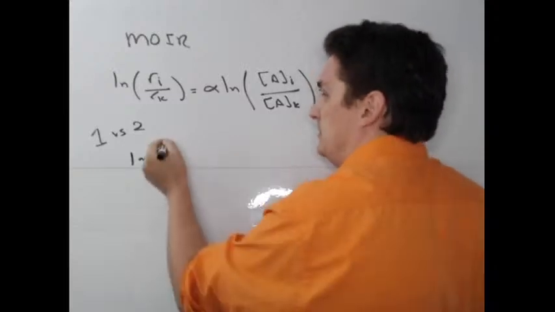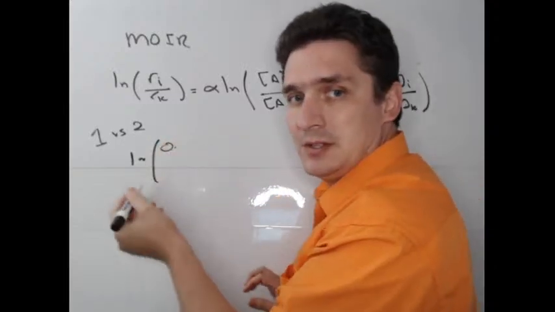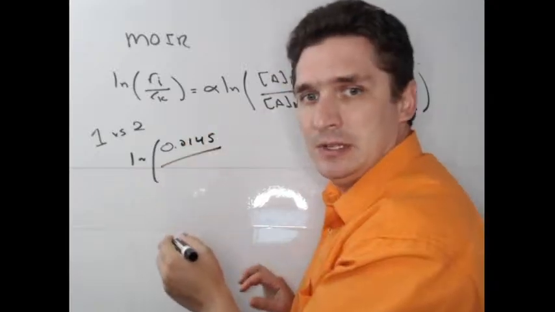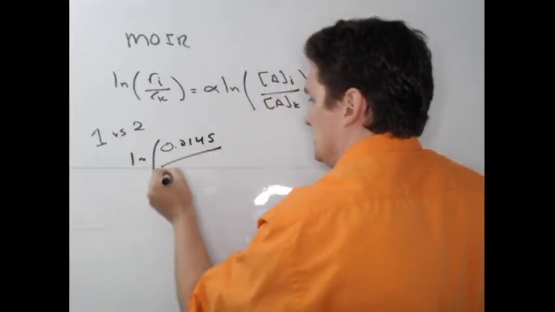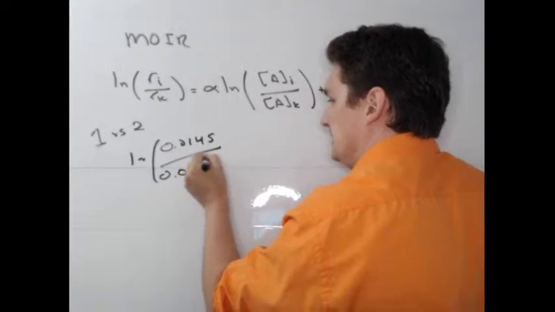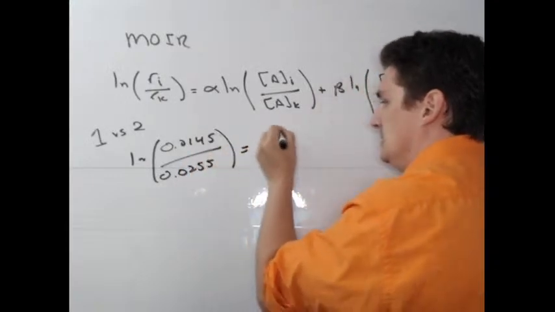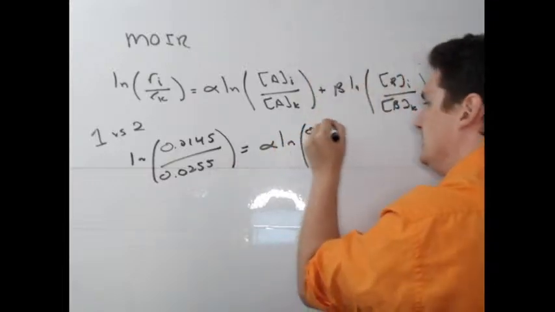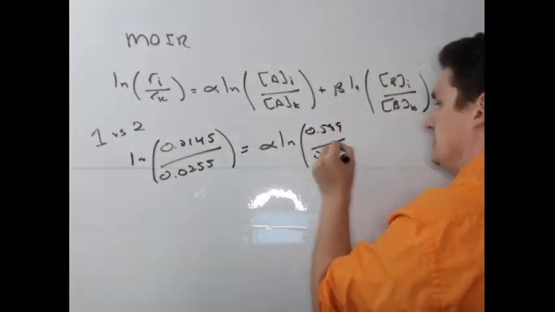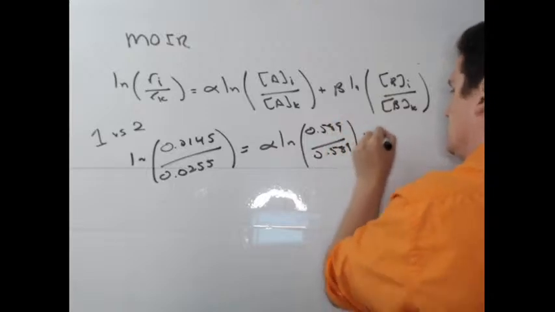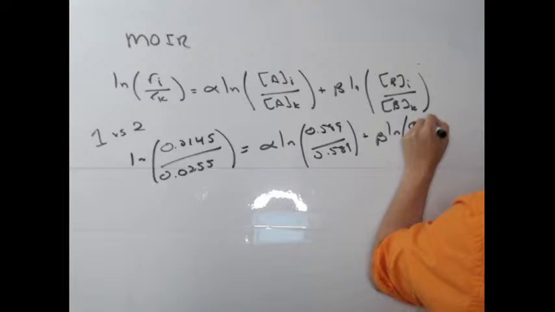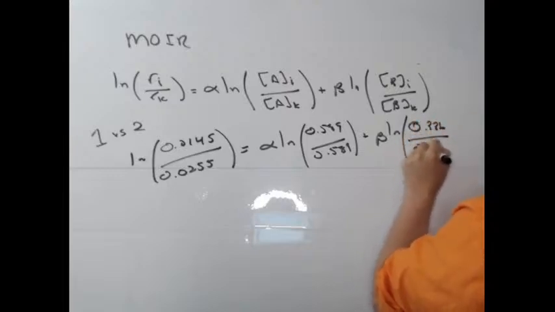The rate for run 1 is 0.0145, and run 2, 0.0255. The concentration of A is 0.589 for both. For B, 0.336 and 0.600.